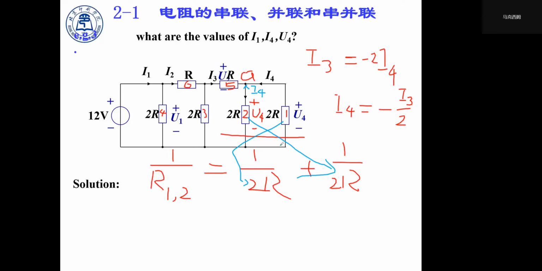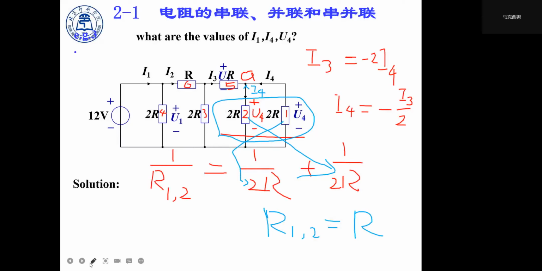So we can replace these two resistors with one single resistor. From this solution we can reach the conclusion that R1 and R2 equals R. So we can replace those two branches with one single resistor.